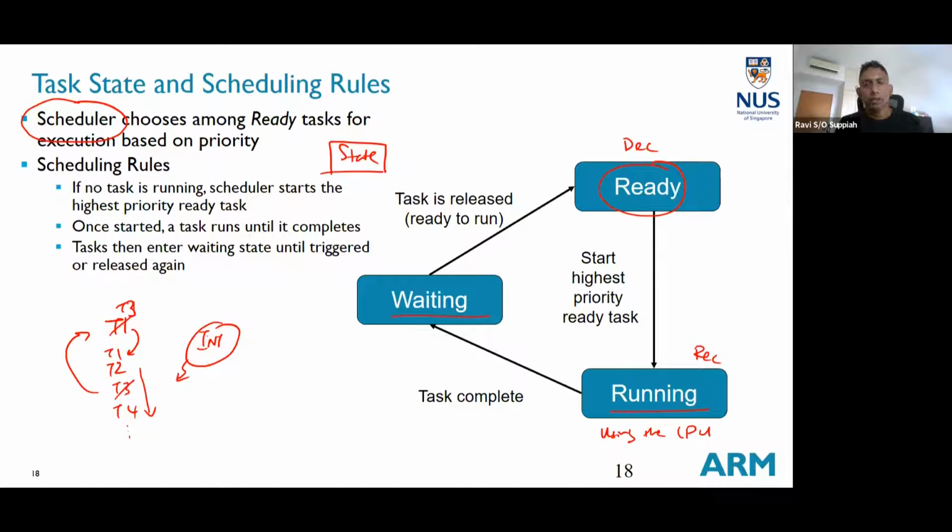This handling of the queue, on who is next or who should take over the CPU, is managed by the scheduler. All right, so this is the run to completion which we saw.